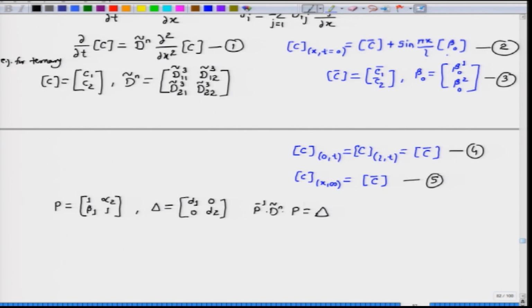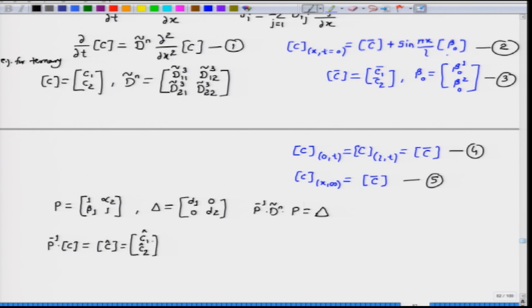Now, we convert the concentration from its original basis to cap basis, and we do that just like what we did for the diffusion couple problem. We pre-multiply the matrix C with P inverse, which would give the matrix of concentration in new basis, we call it cap basis. So, P inverse times C gives me C cap, and C cap again for ternary is nothing but the column matrix of C1 cap and C2 cap.